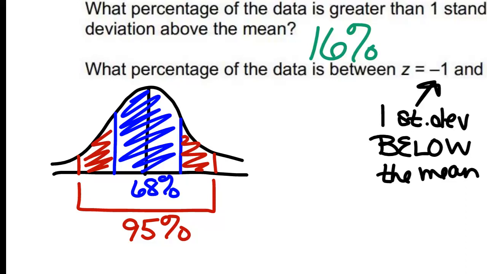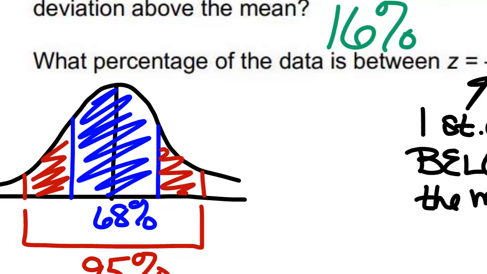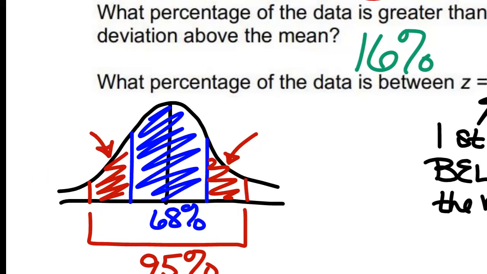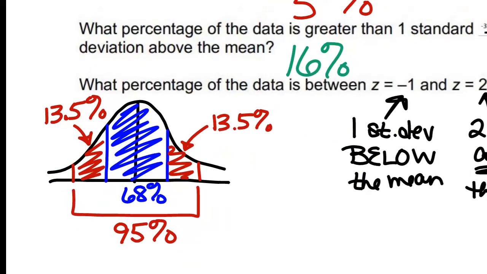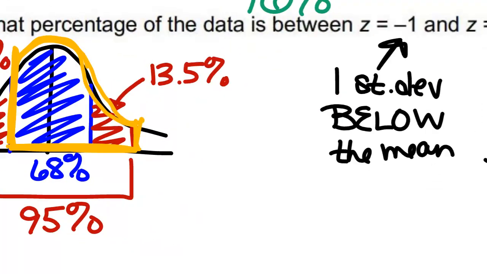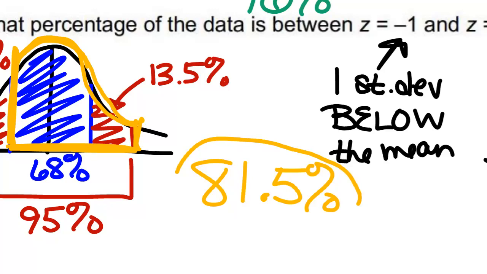Is it 17? 17, or 95 minus 68, 27. What's 27 cut in half? 13.5%. So over here would be another 13.5%. So what would it be if I look at 1 standard deviation below up to 2 standard deviations above? 81.5%.